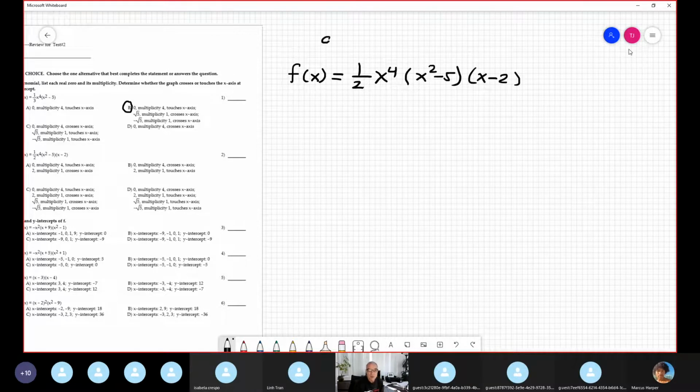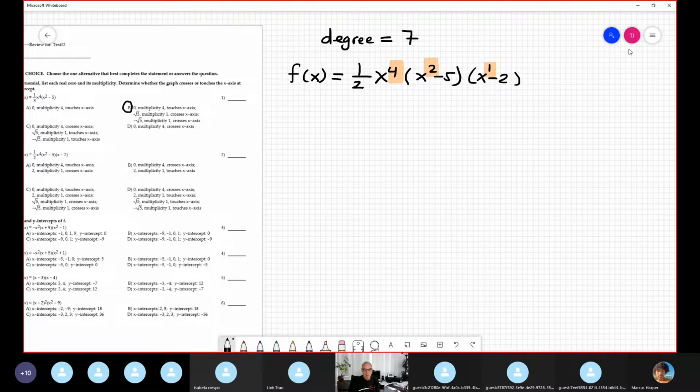The degree of this polynomial is 7, I guess, no? Where does this 7 come from? 4 plus 2 plus 1, because here the exponent is invisible, 1. So we expect 7 solutions.